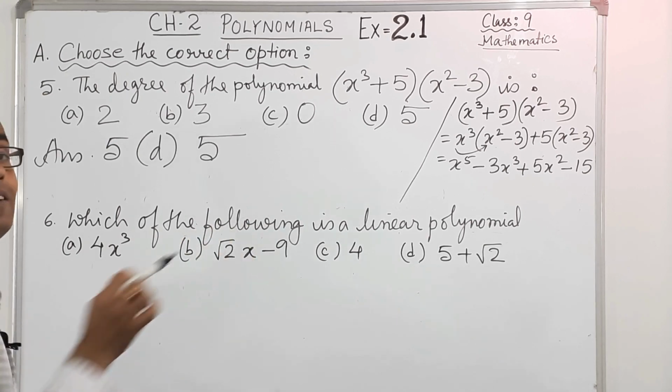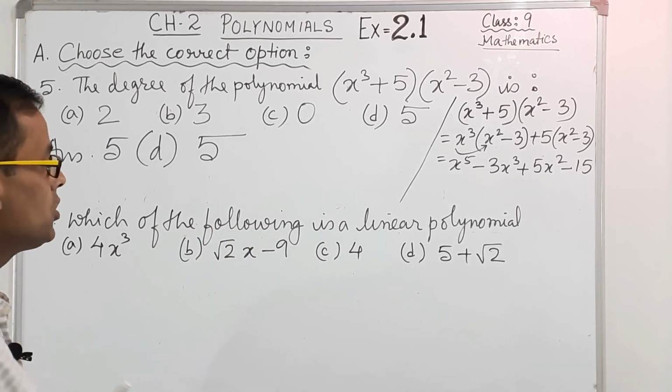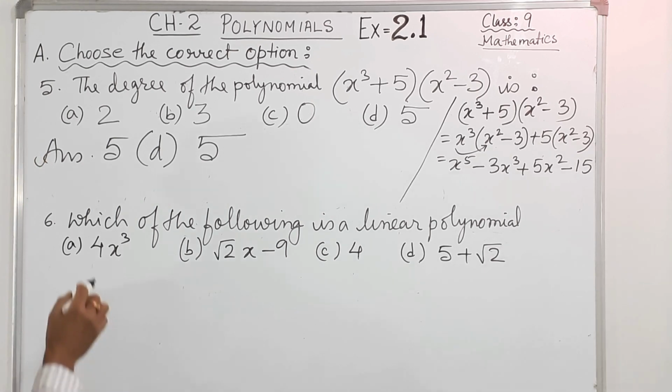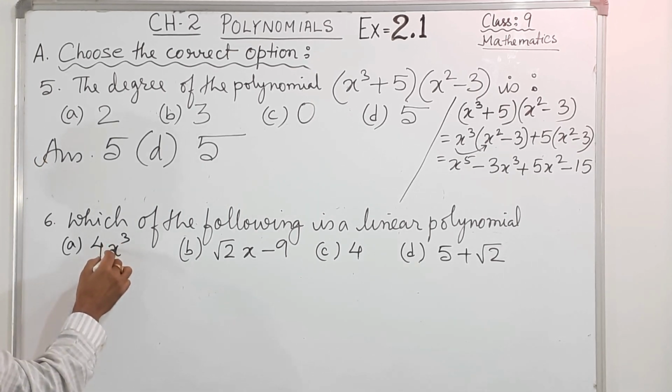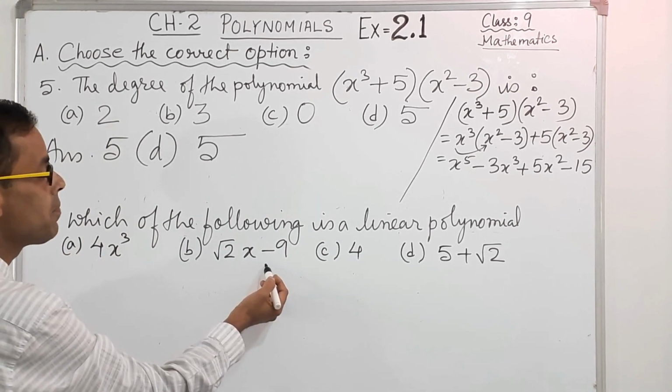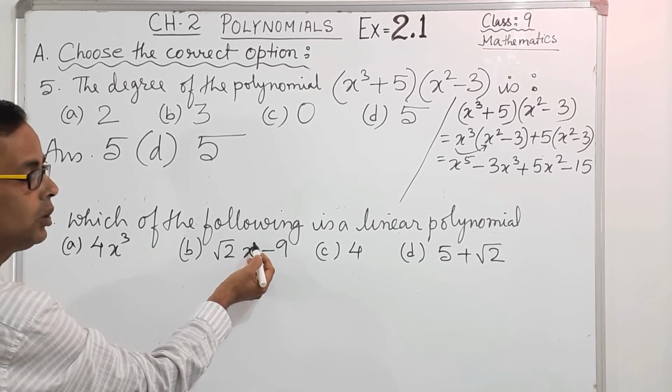Which of the following is a linear polynomial? So linear polynomial means the degree of the variable has to be 1, okay. So now you see, this is the variable x has 3, degree is 3. So this is not a linear polynomial. If you see here the degree is 1, okay, highest degree.